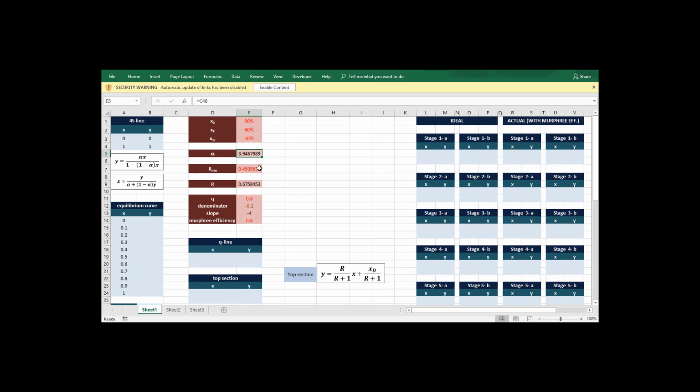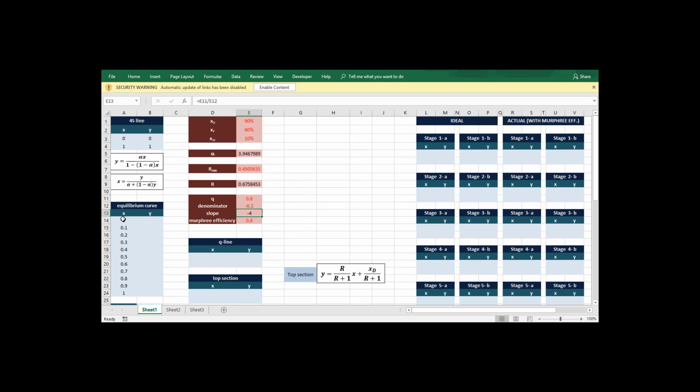I also assumed a value for the minimum reflux ratio, Q, and the Murphree efficiency. The actual reflux ratio will be 1.5 times the minimum. The denominator is Q minus 1 and the slope is Q all over Q minus 1.